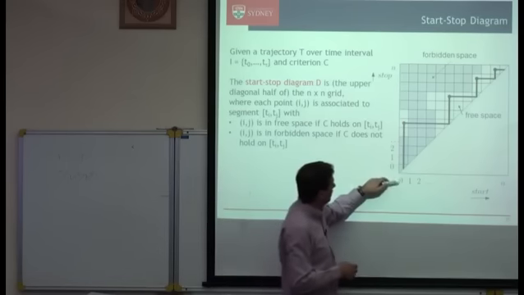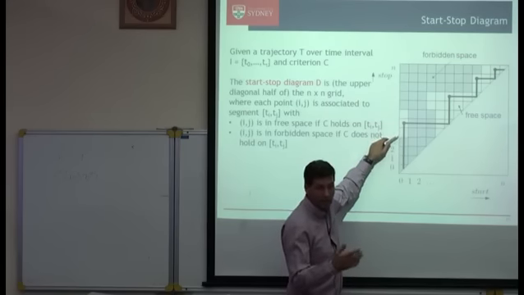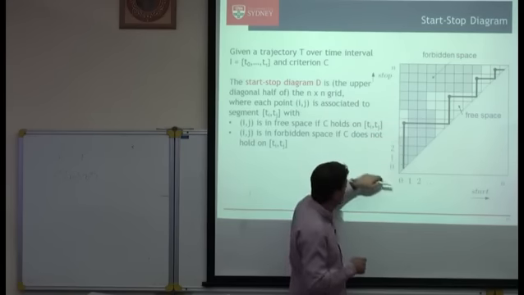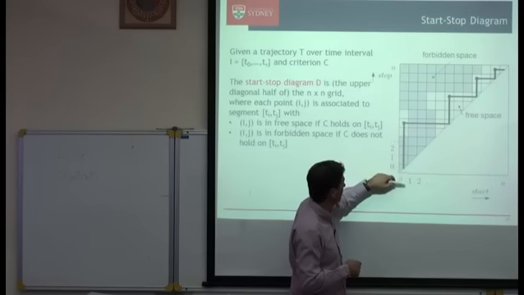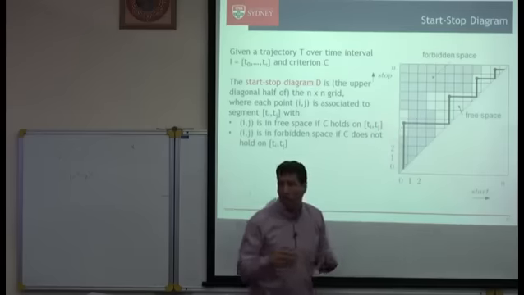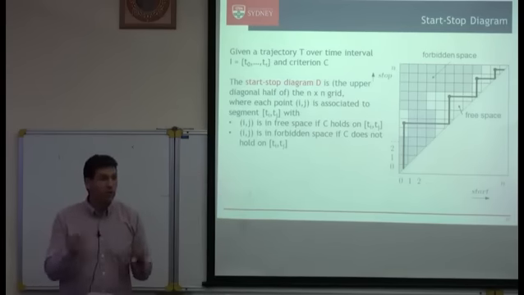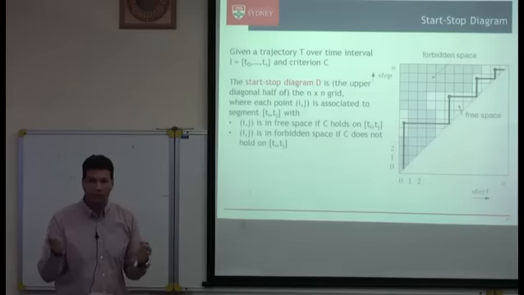Each cell here is associated with an edge or a segment. This means I look at a segment starting at 1 and ending at, say, 5, and I'm just asking whether this is a valid segment or not. Does it fulfill the criterion I'm given?